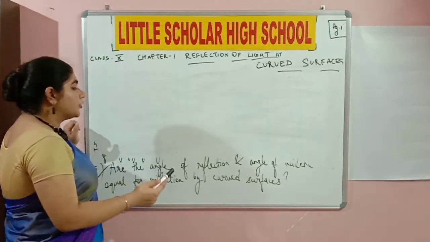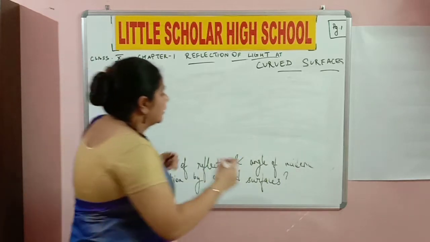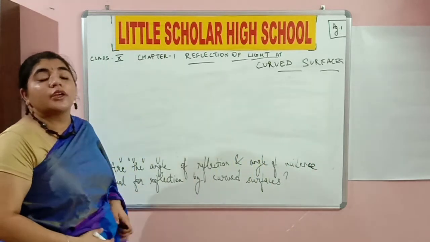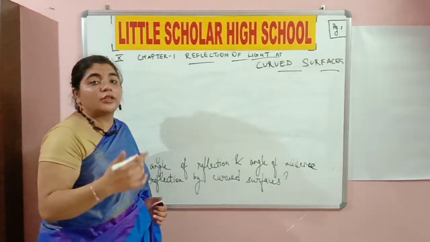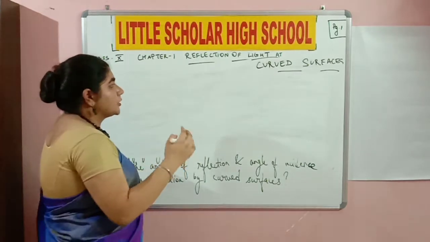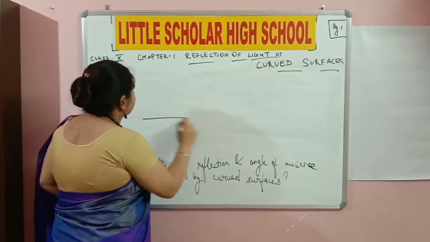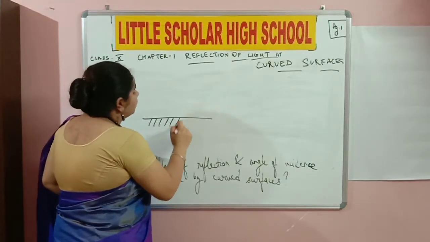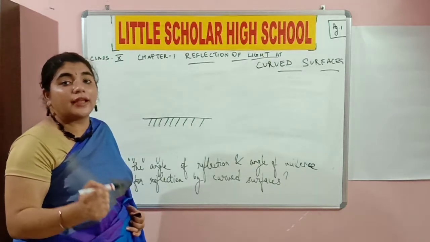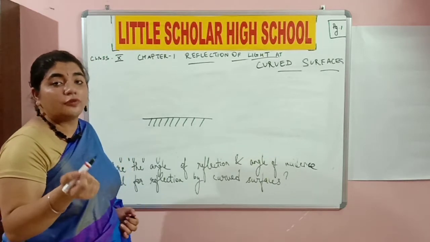Now, are the angle of reflection and angle of incidence equal for reflection by curved surfaces? We know the two laws for reflection of light at plane surfaces. The first law states that all three rays lie in the same plane, and the second law states that the angle of incidence is equal to the angle of reflection.